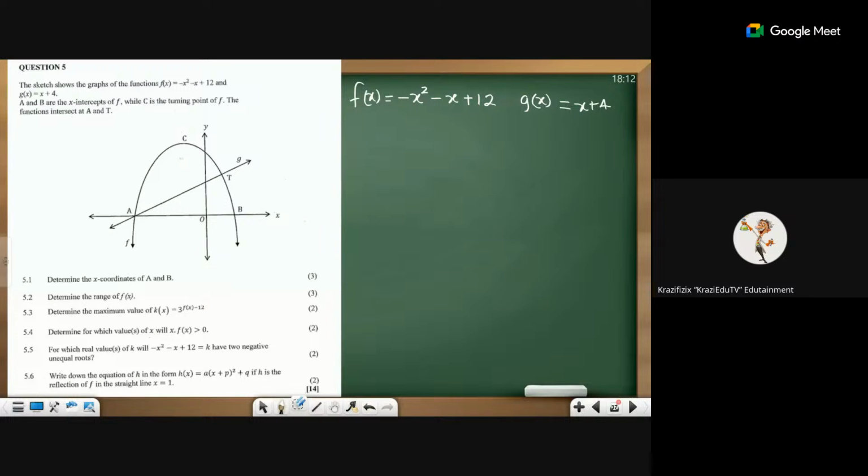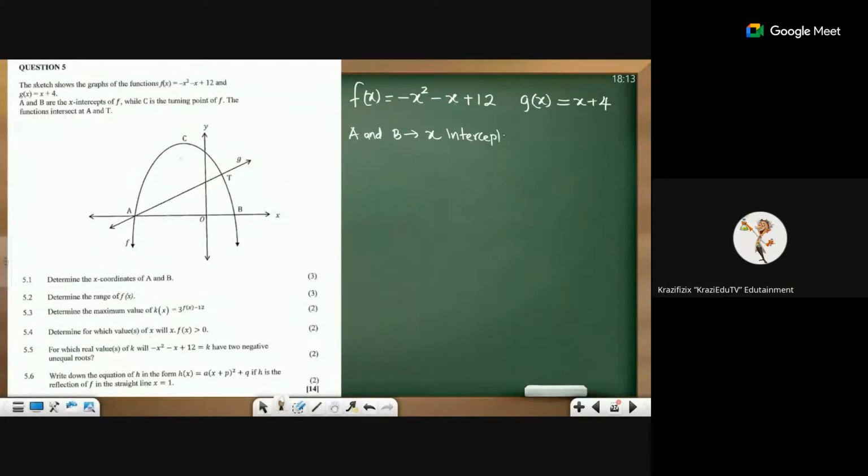Guys, there are basic things that I need everyone to know. Very basic. X-intercept, Y-intercept, domain, and so on. Look, the examiner says, question 5.1, x coordinate of A and B. What do you know about A and B? A and B. These are the x what?